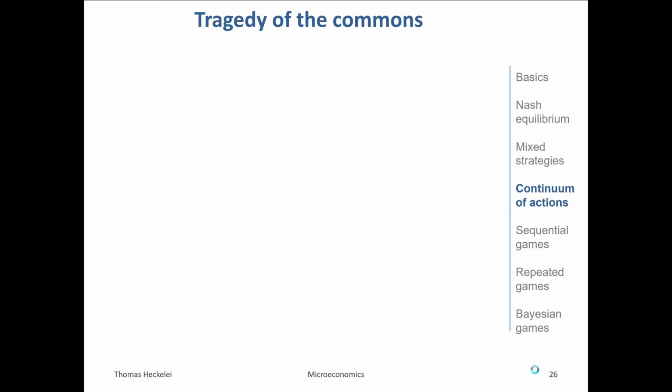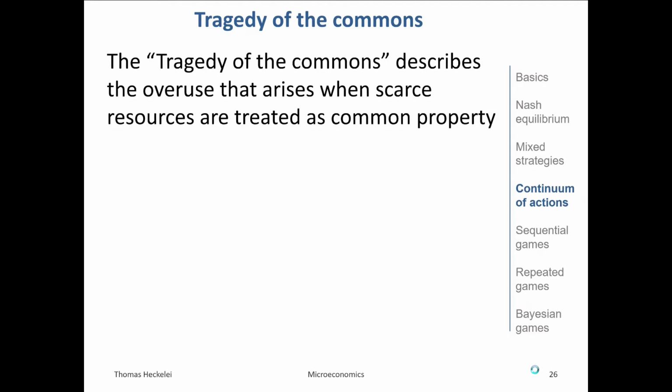So this is a very classical and popular example to study the game in a continuum of action setup, and it's also a very popular situation that we see in real life, in which a common property is used by many different users and could easily get overused.